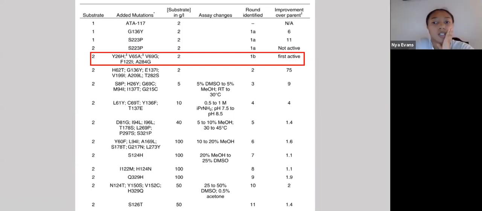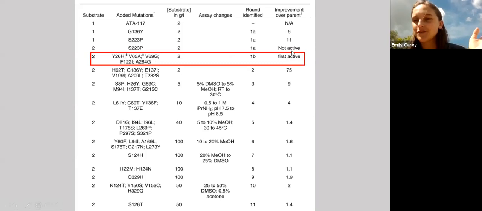Emily, I just have a quick question. What are the numbers under the improvement over parent? Do you know what those mean? I don't know the units on them. I think it's just some sort of unitless factor. Oh, it has to do with like 75 fold. That's what it is.